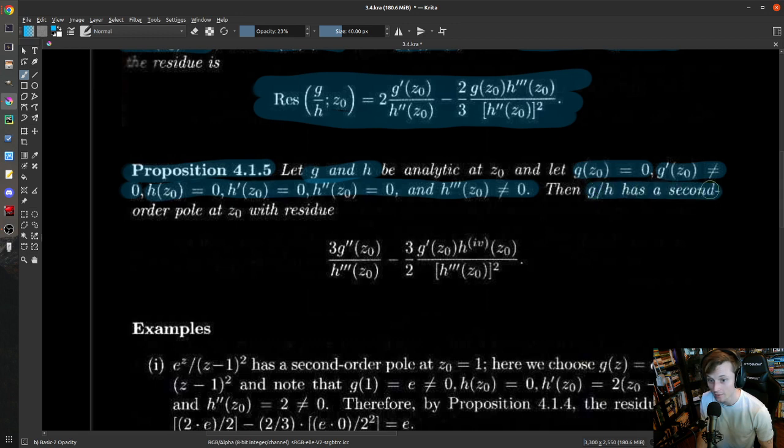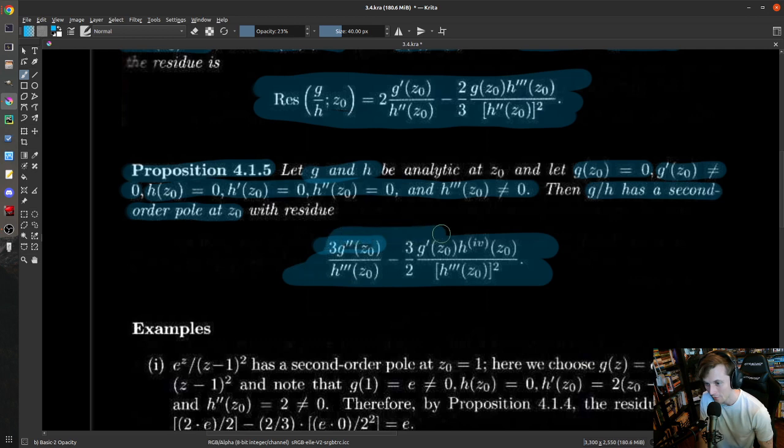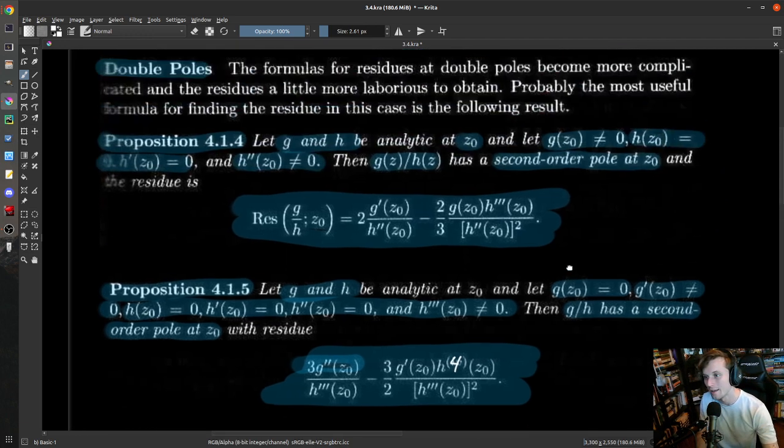Then g over h has a second order pole at z naught with residue 3 g prime, double prime of z naught, over h triple prime of z naught, minus 3 over 2 g prime of z naught h, the fourth derivative at z naught, divided by the third derivative of h at z naught squared, that whole quantity. Okay, this is nutso.